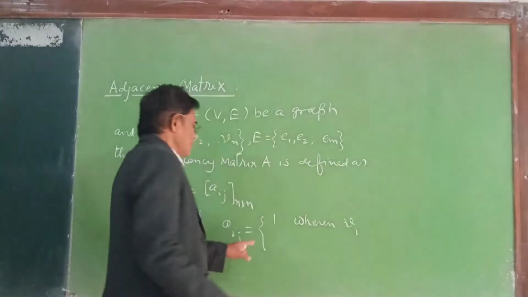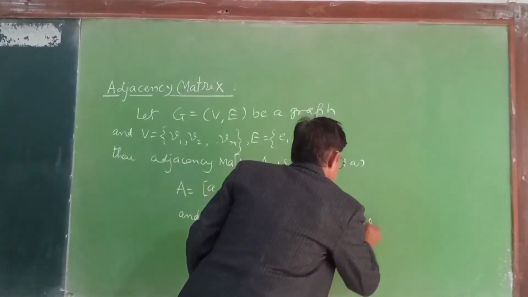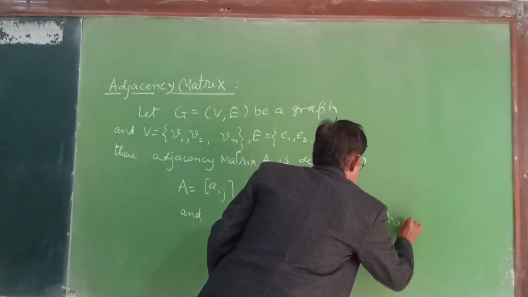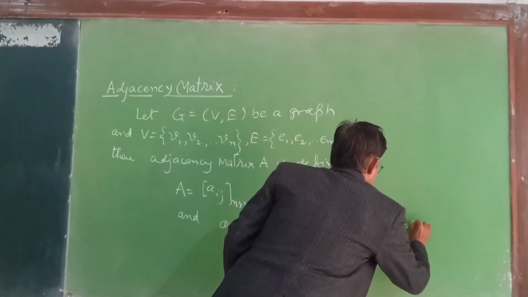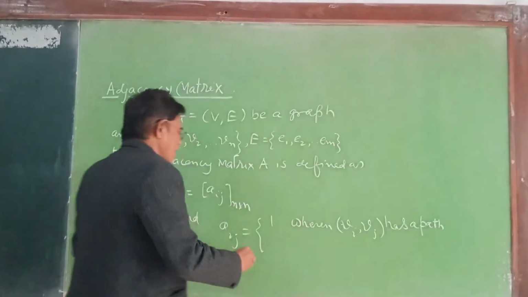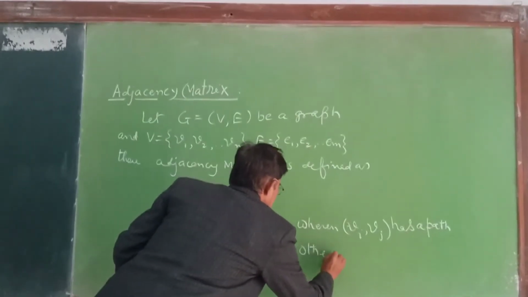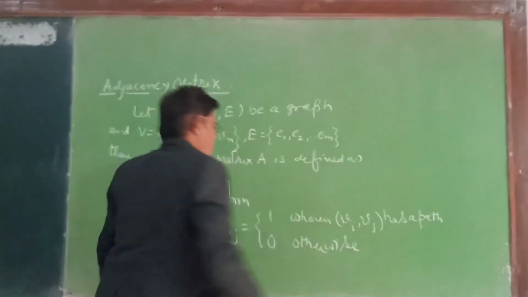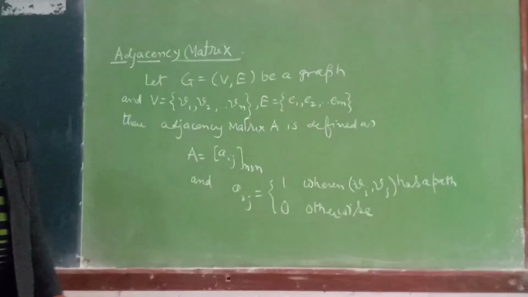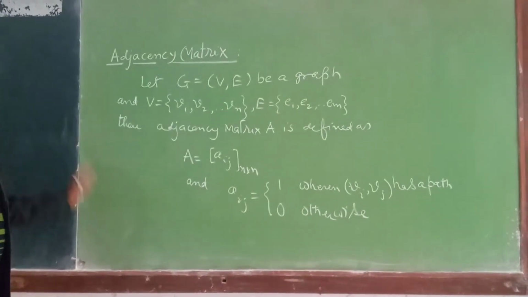Aij is equal to 1 when Vi and Vj have a path or have an edge, okay, and 0 otherwise. So this is the definition of the adjacency matrix.